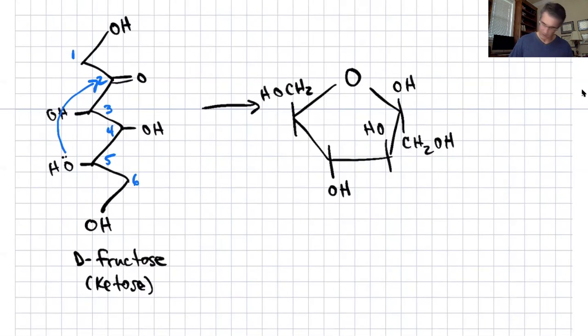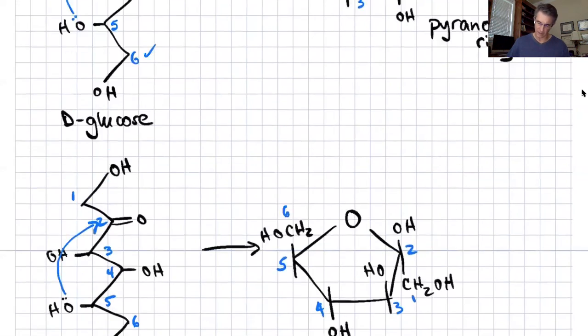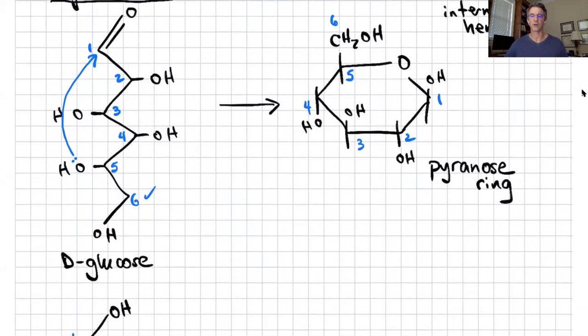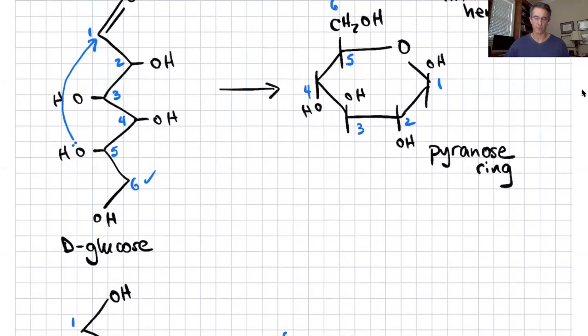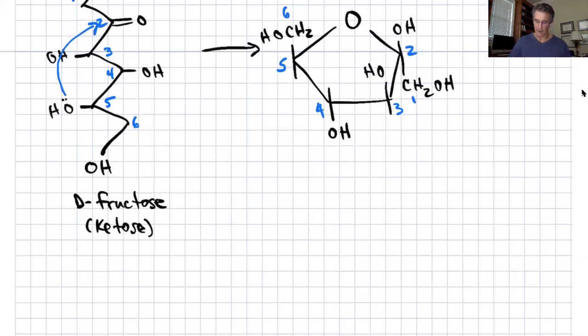Using the same numbering as before, we'd have 6, 5, 4, 3, 2, 1. Again, it's an internal hemiacetal. This is the closed ring form of fructose, and in the same way that the 6-membered ring structure is called a pyranose ring, this closed 5-membered ring is known as a furanose ring.